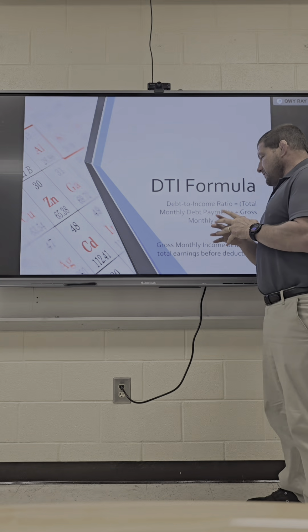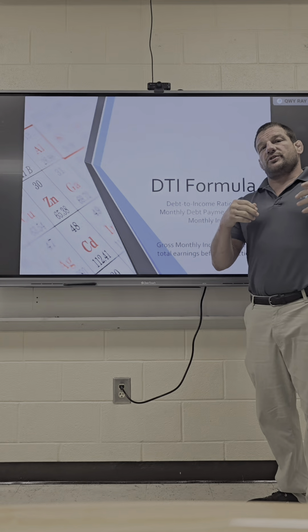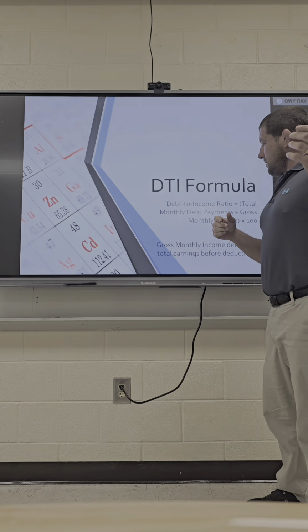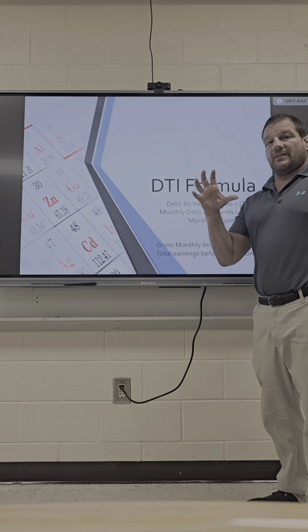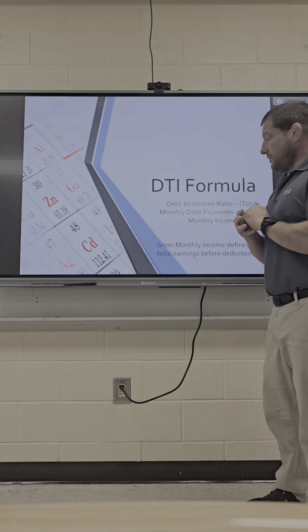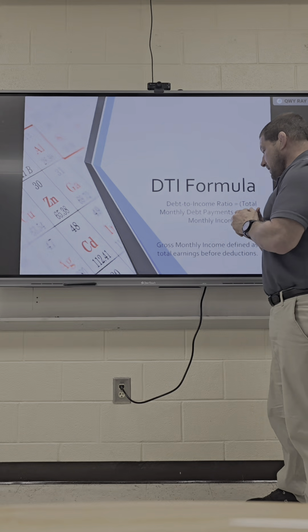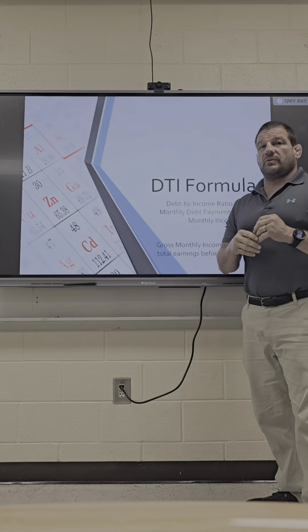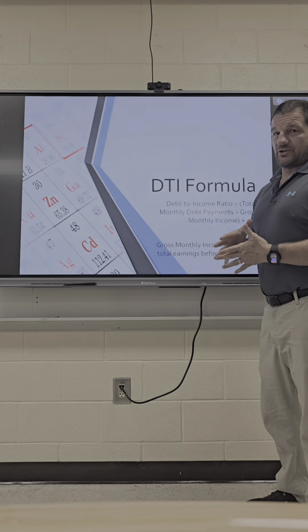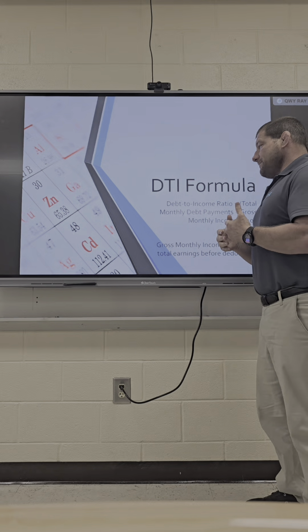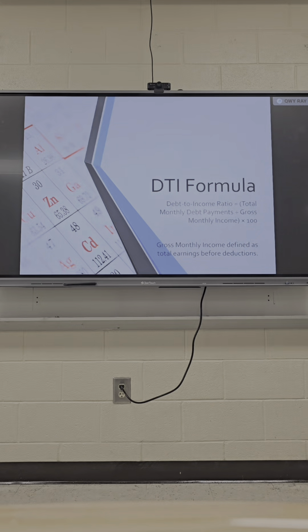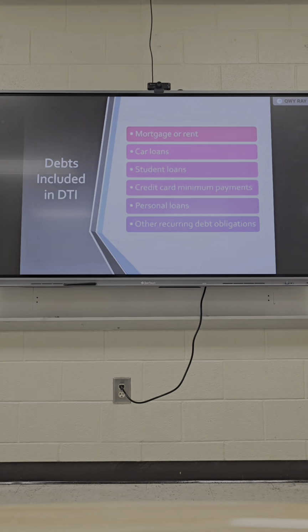So it would be what you actually have as your salary or income for the week, month, whatever. Now your net is going to be what you actually cash on your paycheck.